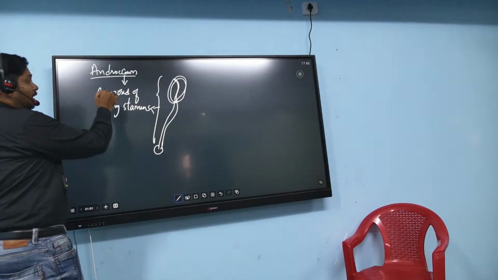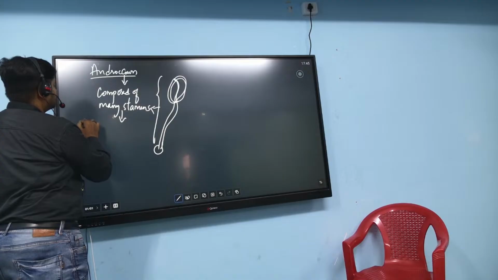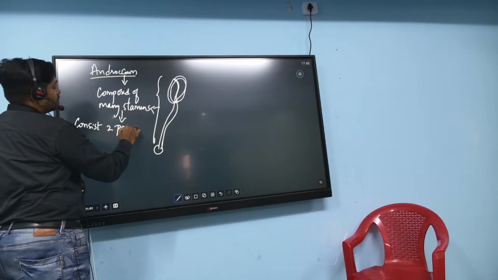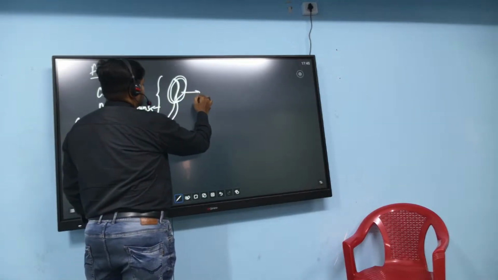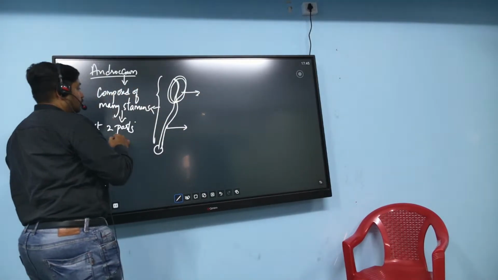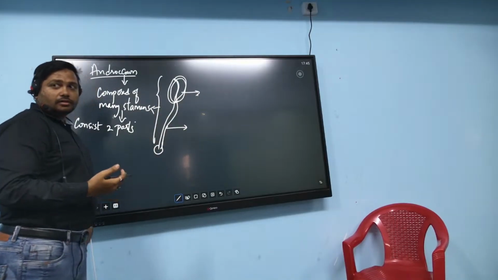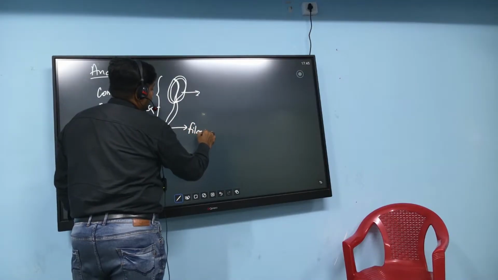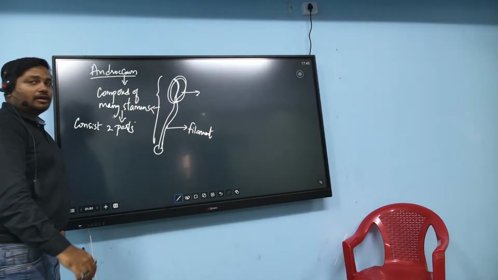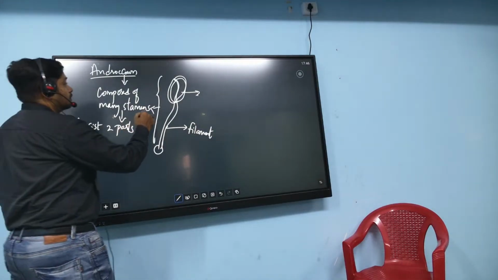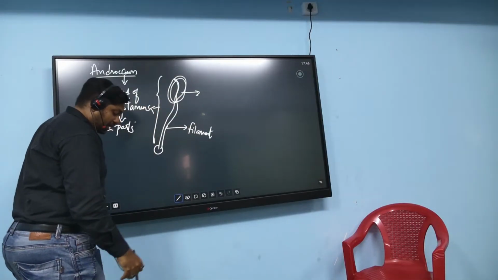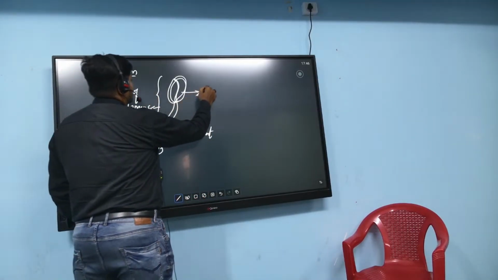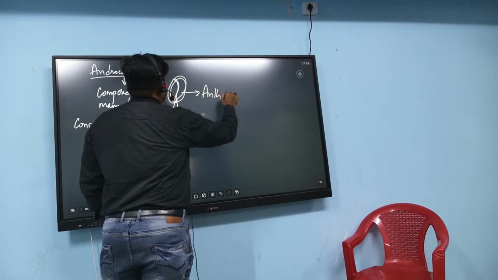Now again, this stamen consists of two parts. How many parts? Two parts. This is one part and this is one part. The long slender structure, which is giving the standing platform, is called the filament. And the reproductive part, where production of male gametes takes place, is called the anther.